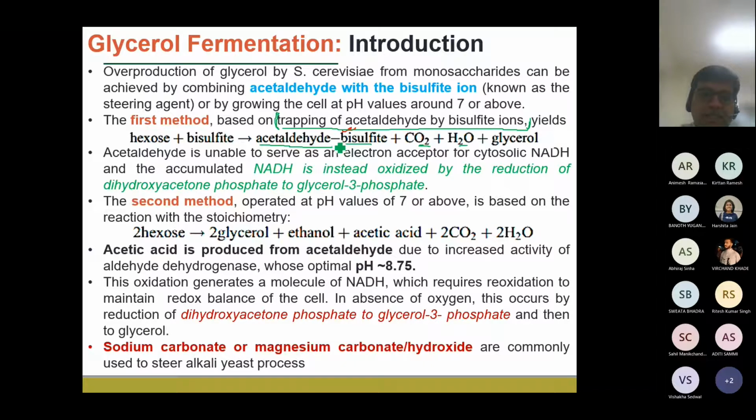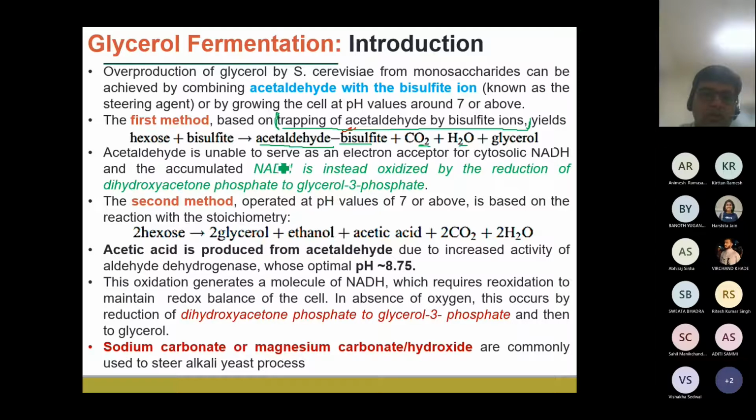Basically, the acetaldehyde helps in the accumulation of NADH, and that NADH helps in the reduction of the DHP to glycerol 3-phosphate.